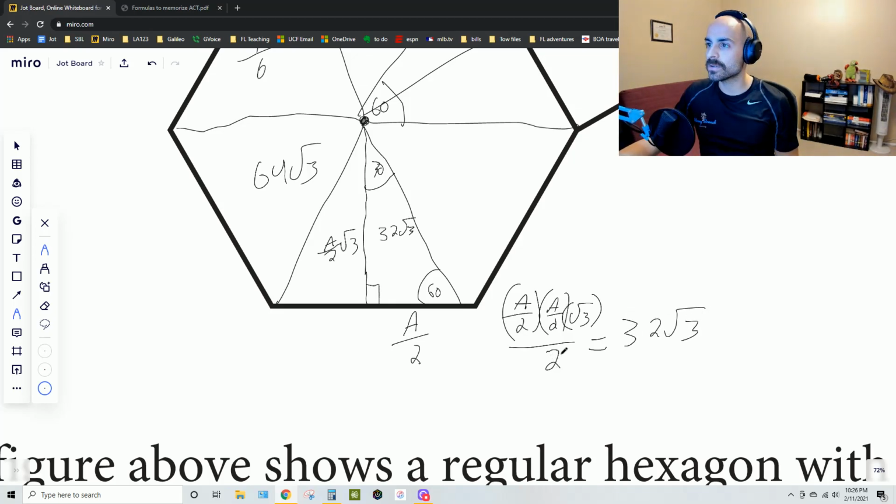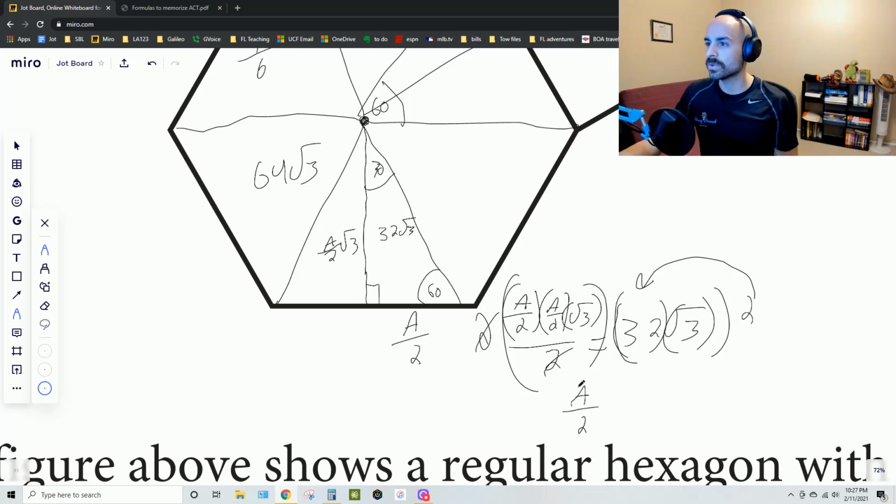Well, let's get the 2 to the other side by multiplying both sides by 2. Remember, this is being multiplied by that, so we want to pick the like term to multiply by to make life easier. So that cancels out. And we have A over 2 times A over 2 times root 3 over 1, just to make life easier, equals 2 times 32, 64 root 3.